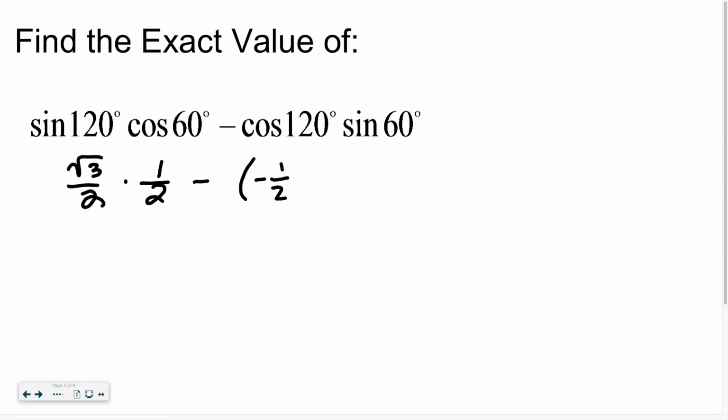Negative 1/2. What is the sine of 60? Square root 3 over 2. And then you clean it up, you would get the square root of 3 over 4. Minus a negative is going to become plus a positive. And then we'll get square root 3 over 4.